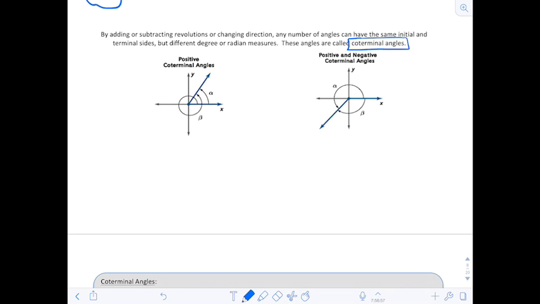So coterminal angles are going to share a terminal. See that? Co-terminal. These angles will share a terminal side.